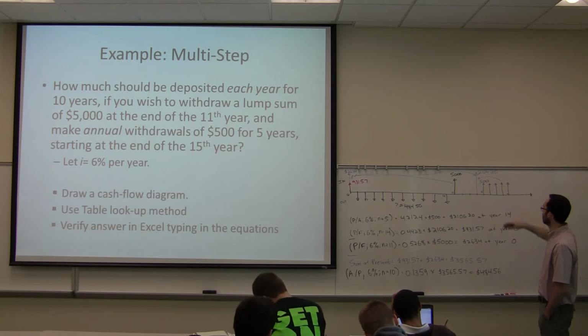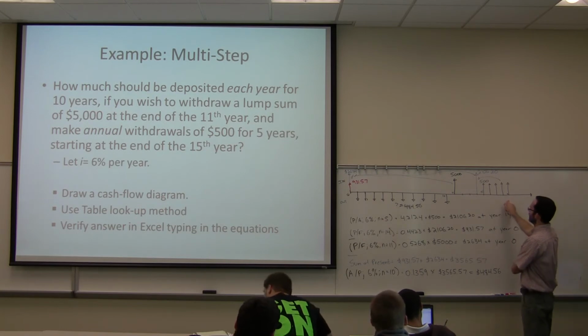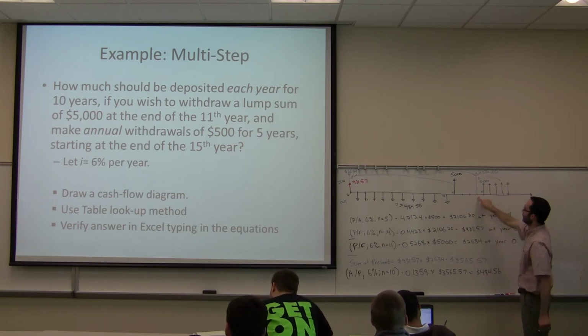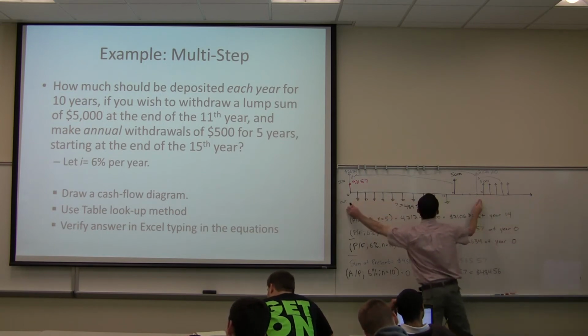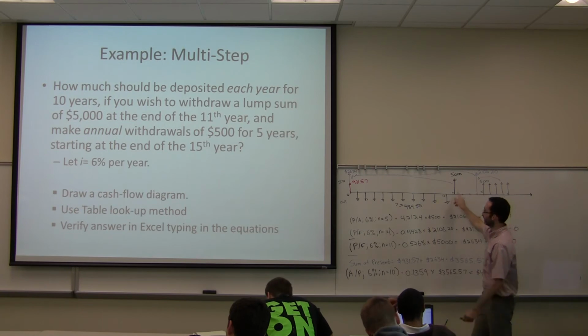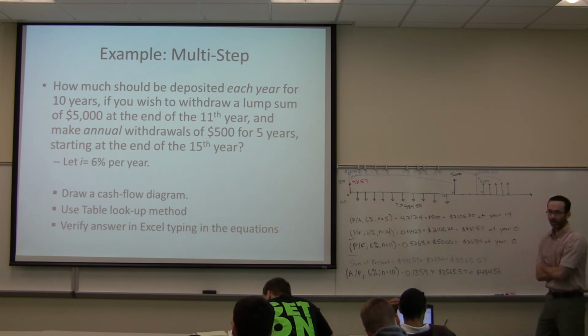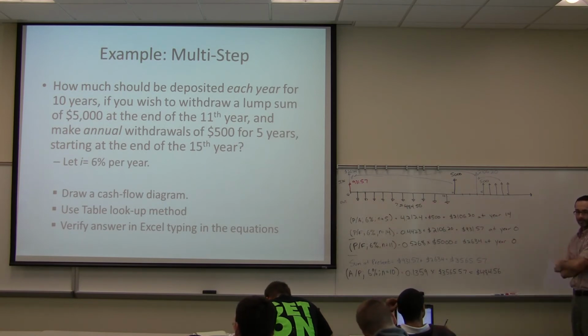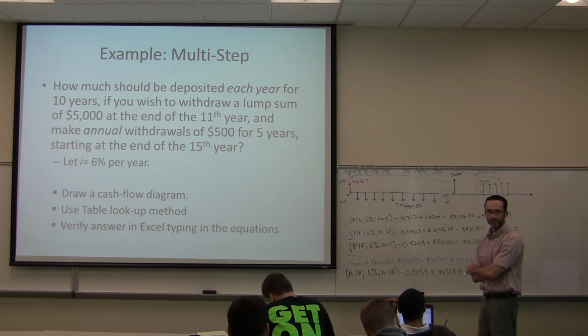Once you can see it laid out before you, you'll think, well, here's an annual series. I can collapse that down to a single value, then I can take that single value from the future to the present. Now I've got an unknown A, I'll take it from the present, spread it out over the unknown A. It'll all sort of spiral into control once you have a good cash flow diagram.